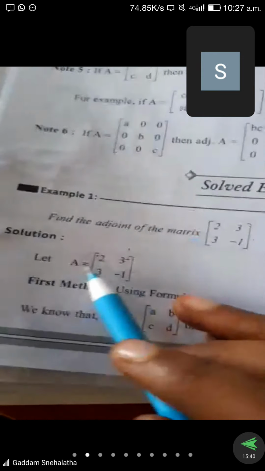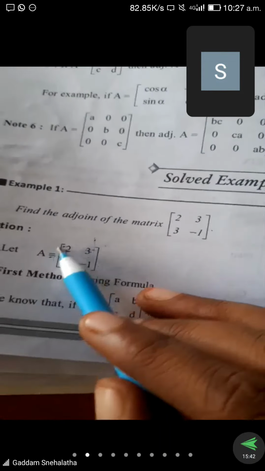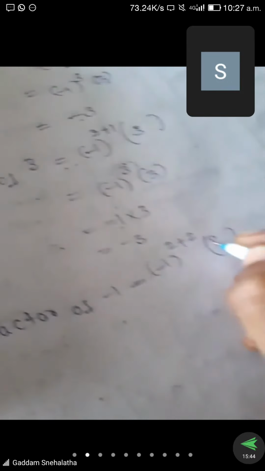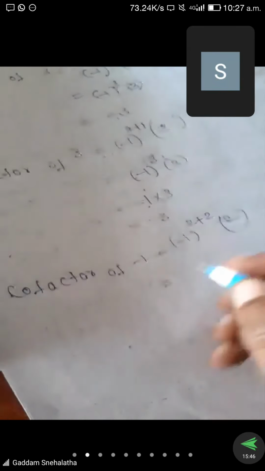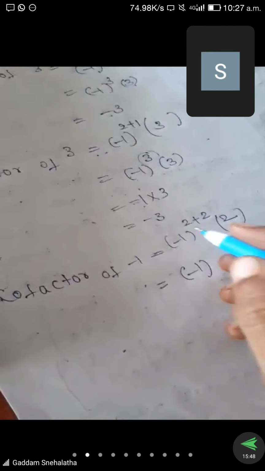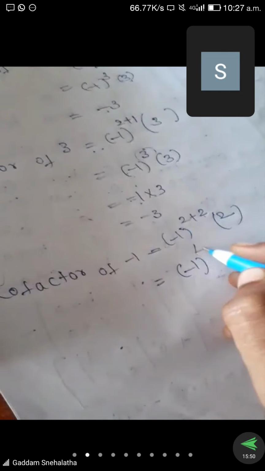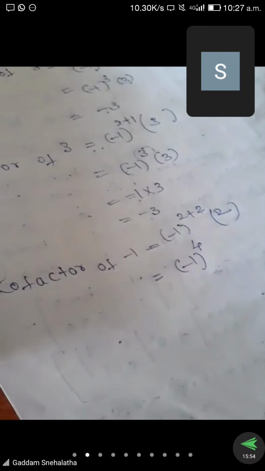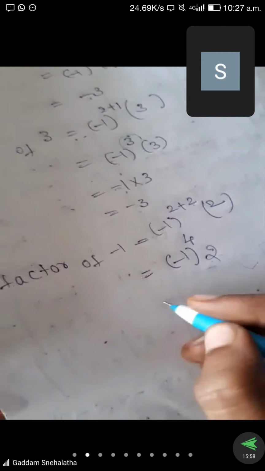So if I leave this second row and second column, the remaining element is what? 2. So I get 2 into minus 1 whole to the power of 2 plus 2, which is 4, into 2. So whole power 4.